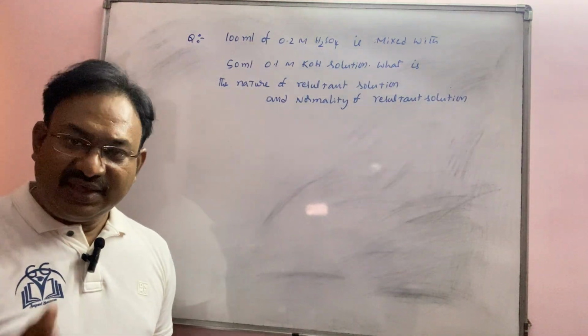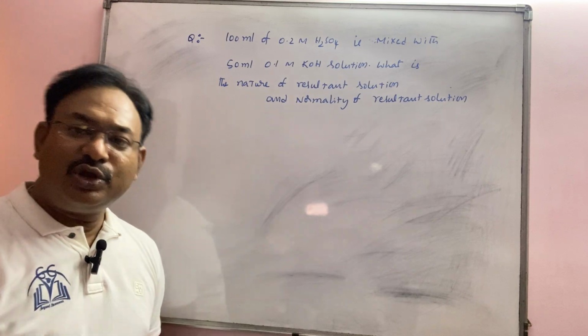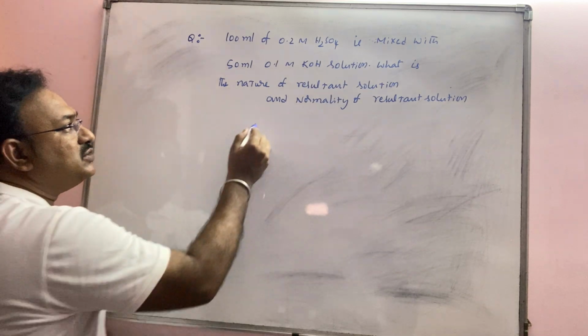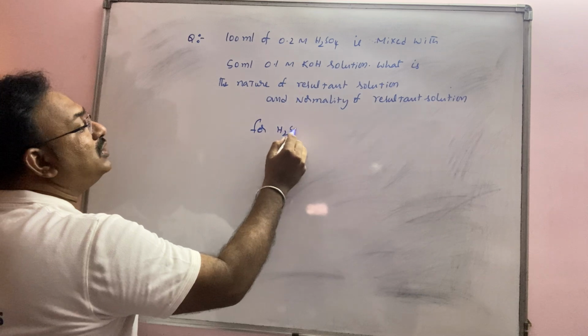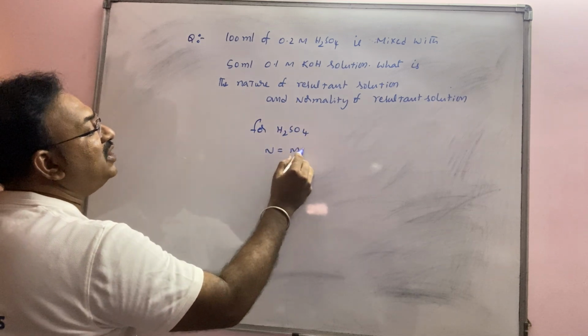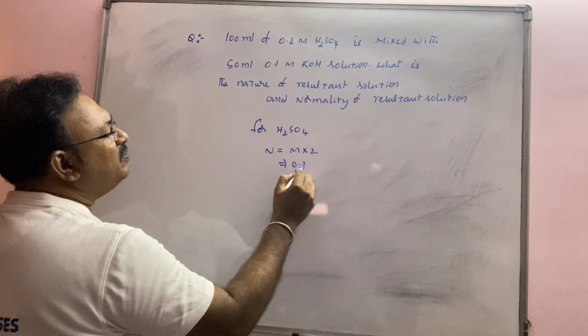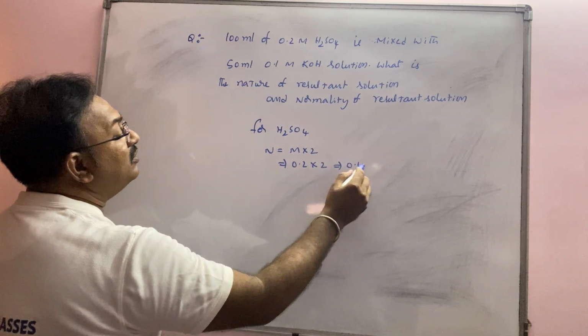See, here molarity is given, first we have to convert molarity into normality. So listen, for H2SO4 normality is equal to molarity into 2. So 0.2 into 2, that is 0.4.